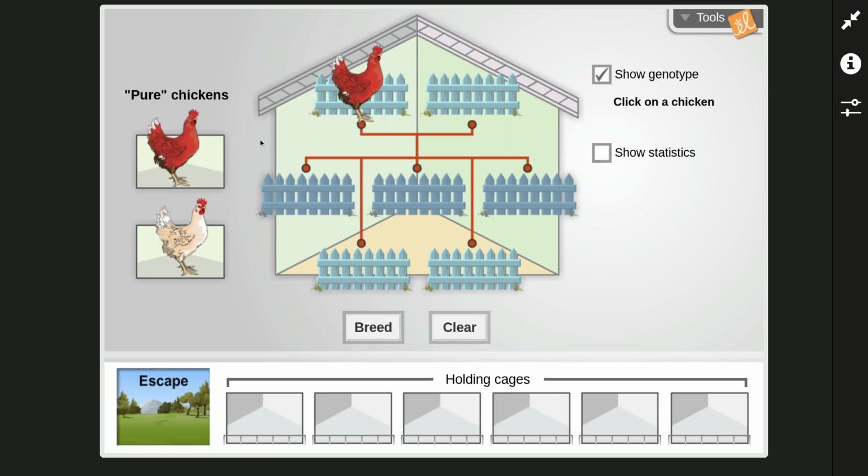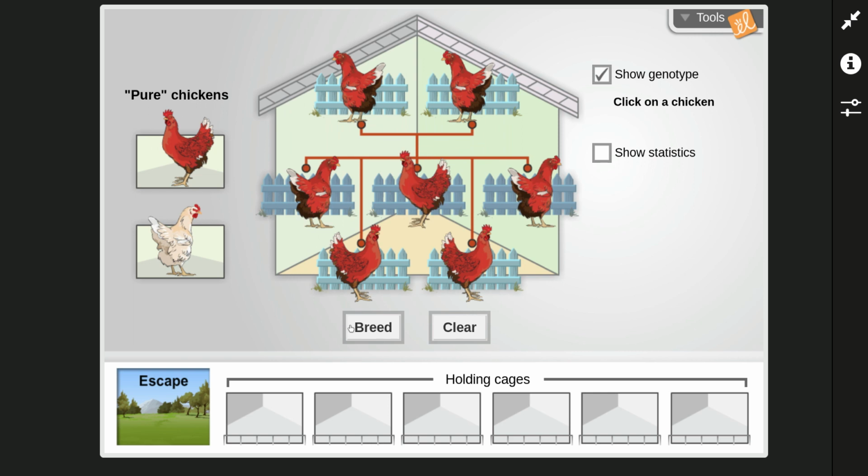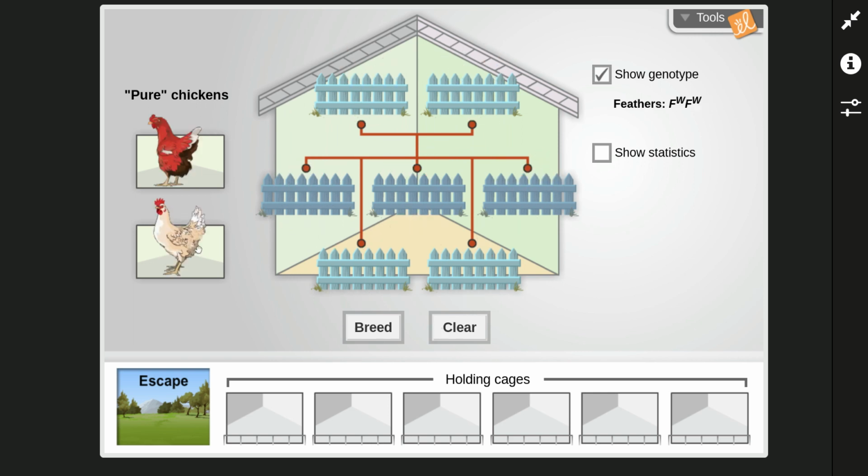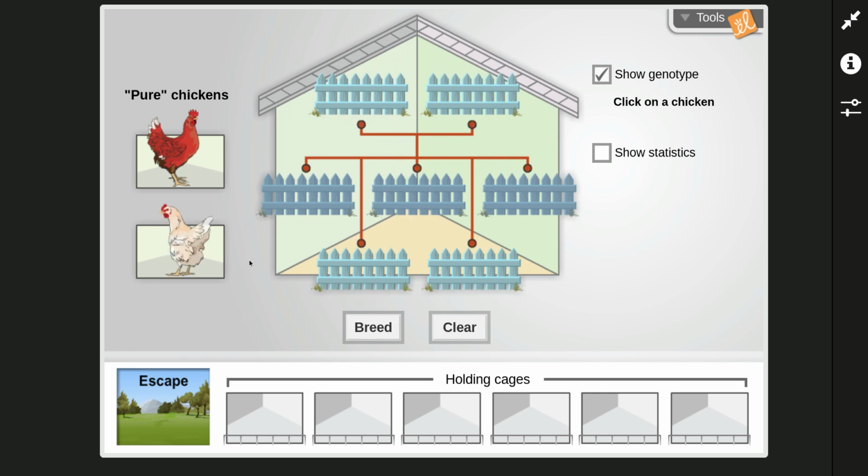Now, these are pure breeding chickens, and what that means is that no matter how many times we breed them, we're always going to have the same type of offspring. The red are always going to give us red-feathered chickens. The white are always going to give us white-feathered chickens. So in the warm-up, it asks us for the genotypes.